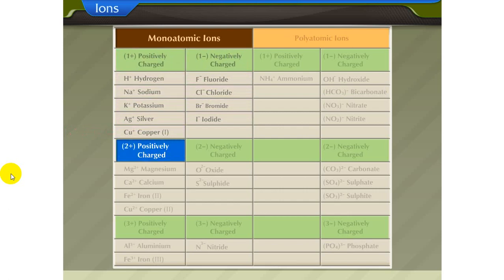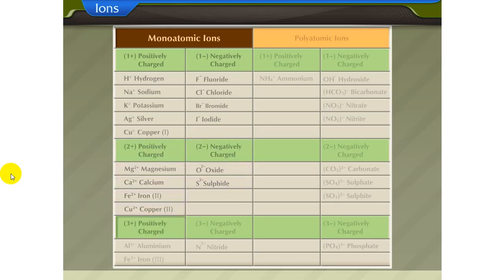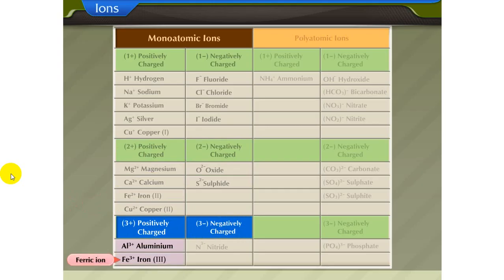Positively charged ions with 2+ charge are magnesium ion, calcium ion, ferrous ion, and cupric ion. Negatively charged ions with 2- charge are oxide ion and sulfide ion. Positively charged ions with 3+ charge are aluminium ion and ferric ion. Negatively charged ions with 3- charge are nitride ion.